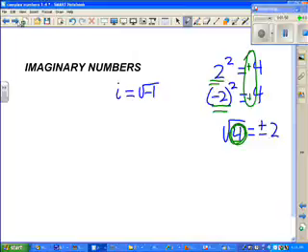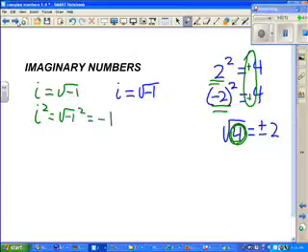Now, while we're here, let's review this. If i is the square root of -1, that means i squared is the square root of -1 squared, which is -1. Remember these rules? i cubed is i squared times i.